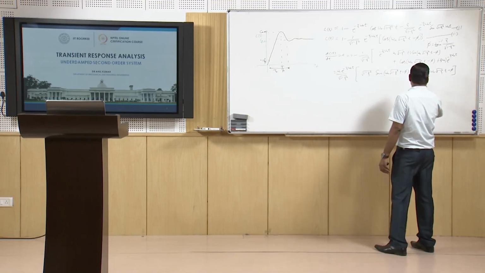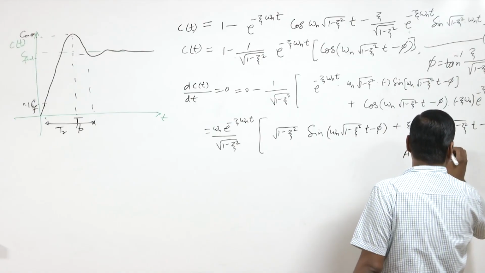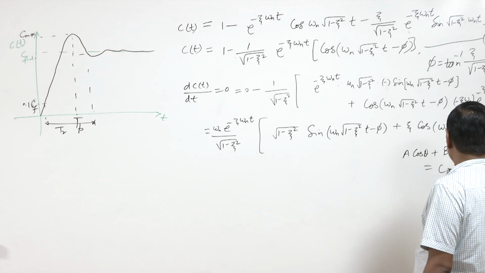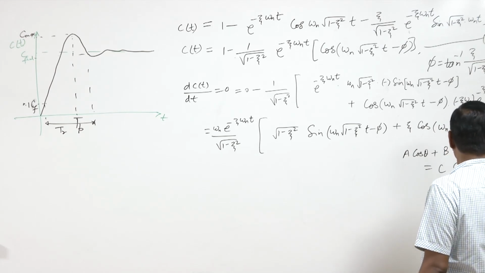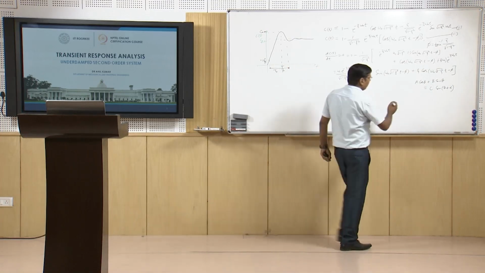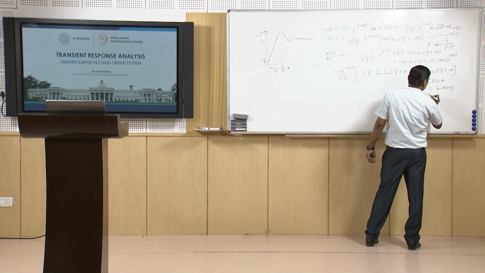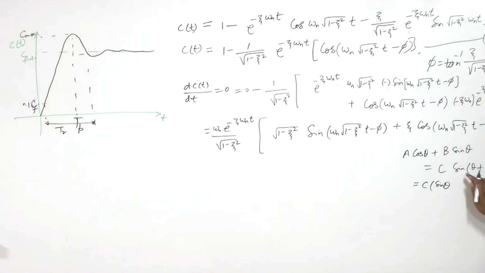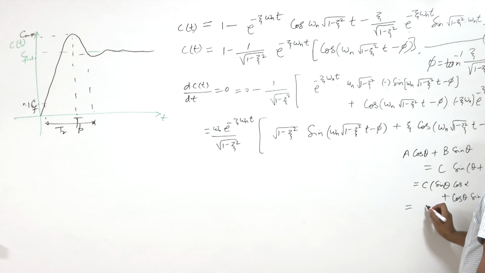So here a cos theta plus b sin theta, let's say equal to c sin of theta plus alpha, and so we can write equal to c sin theta cos alpha plus cos theta sin alpha, that is c sin alpha into cos theta plus c cos alpha into sin theta.